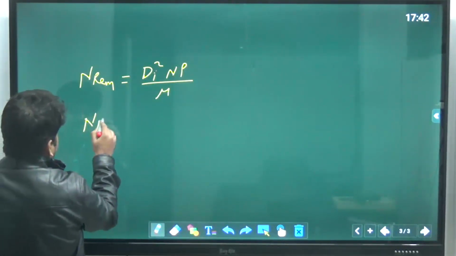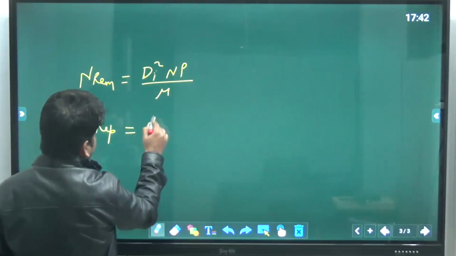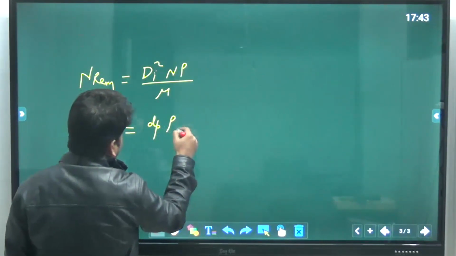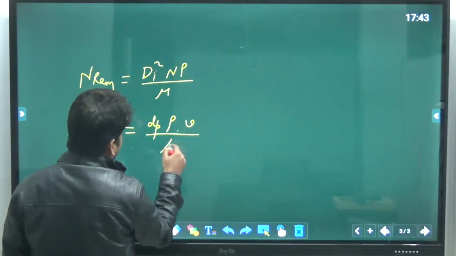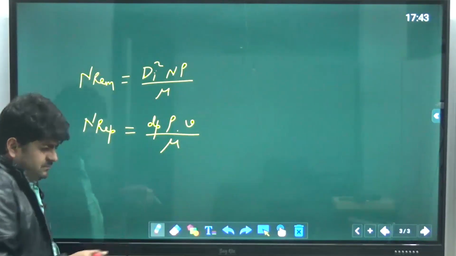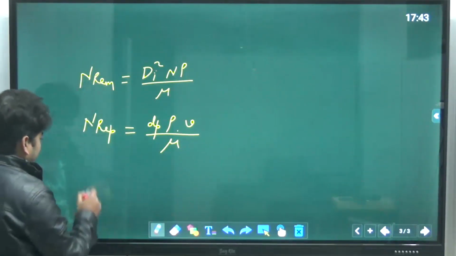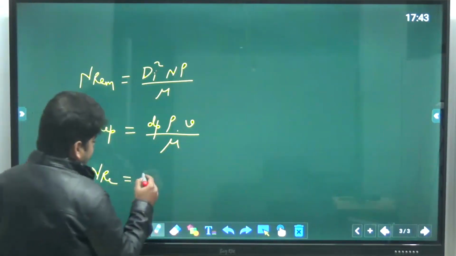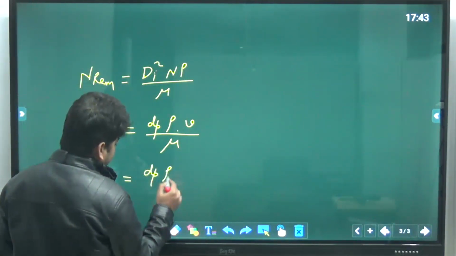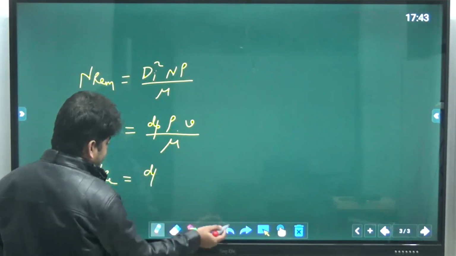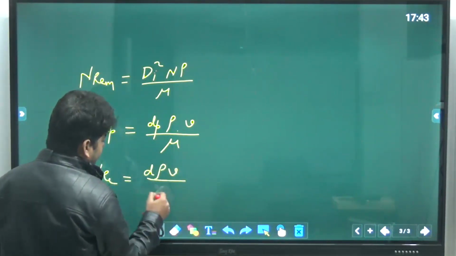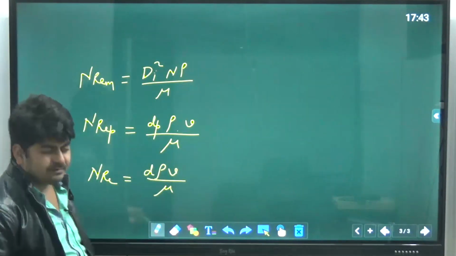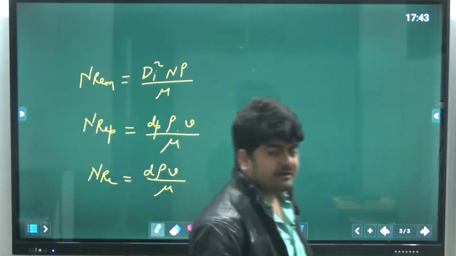For particle Reynolds number in settling, we have the Reynolds number as dp rho v over mu. And for flow through cylindrical pipes, you have the normal Reynolds number, that is D rho v over mu, where D is the diameter of the pipe. Why are we having different Reynolds numbers?